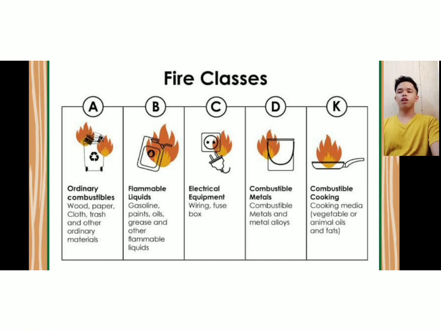Class C is electrical equipment, which is wiring and fuse boxes. Class D is combustible metals and metal alloys. Class K is cooking media: vegetable or other oils, animal oils and fats.